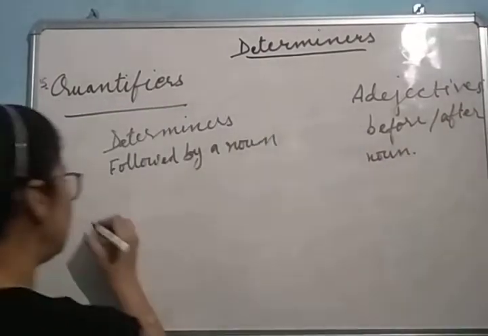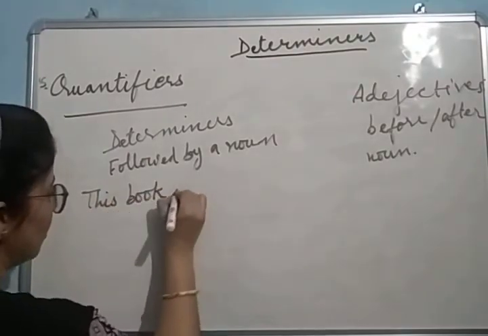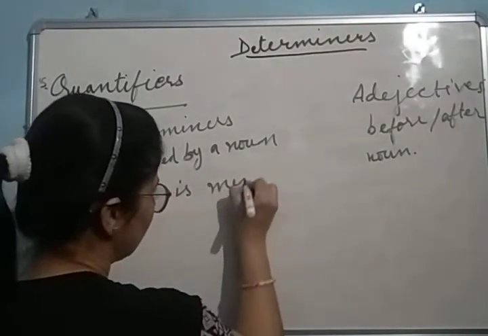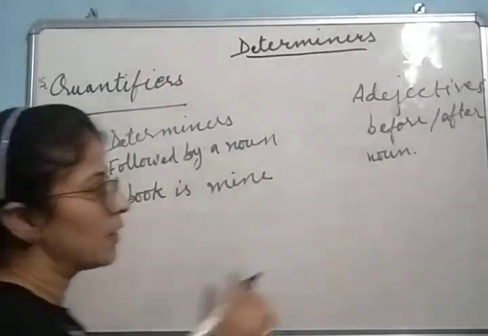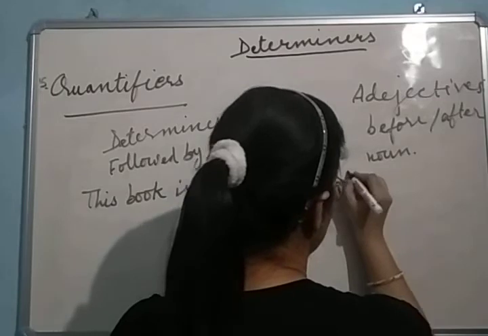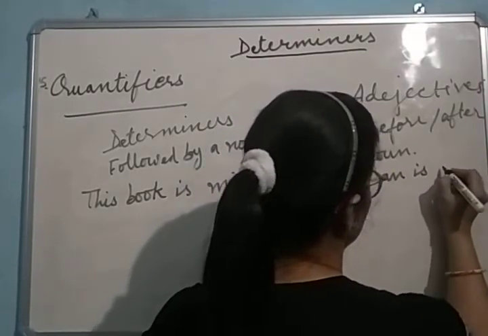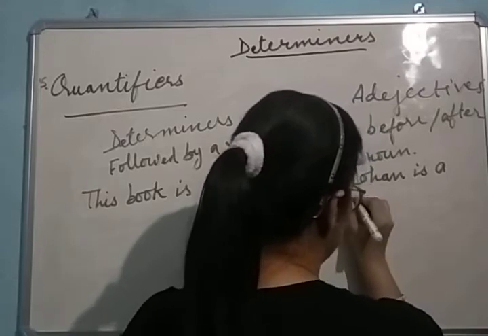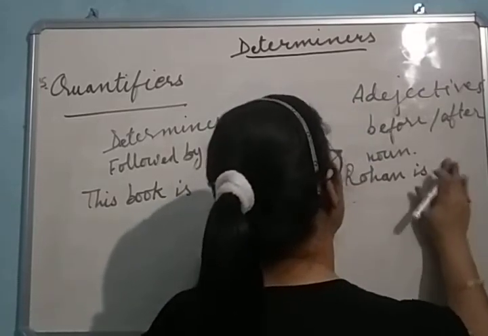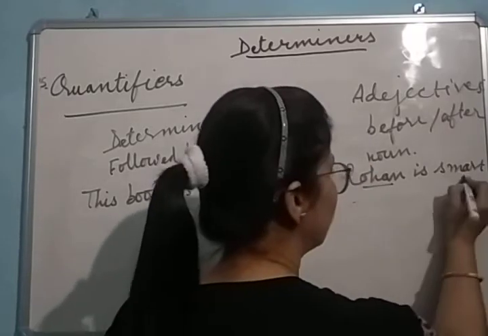For example, this book is mine. Whereas adjectives come before or after a noun. Say, Rohan is smart. Here it is used after the noun.